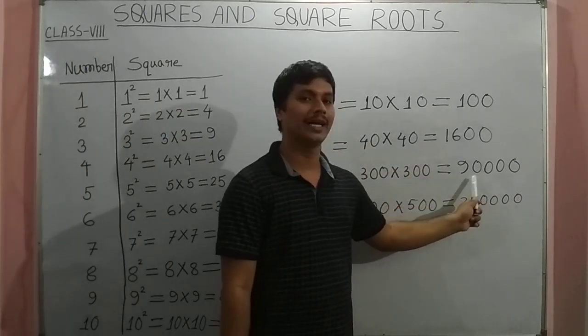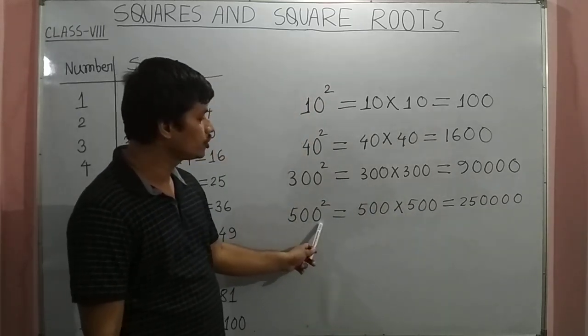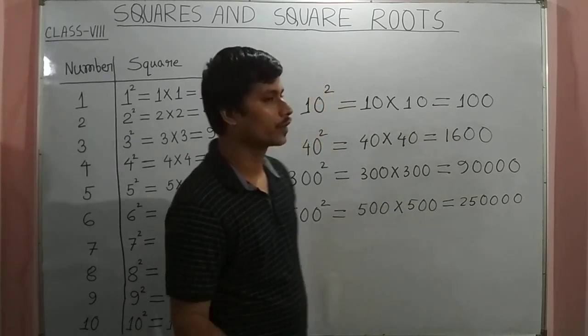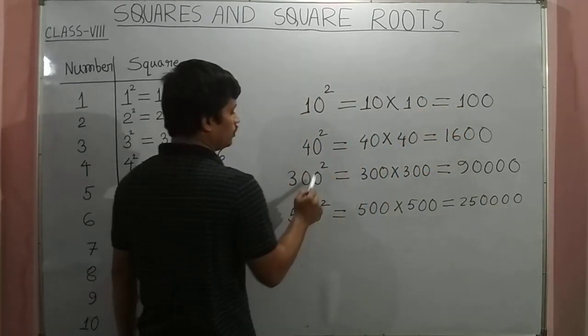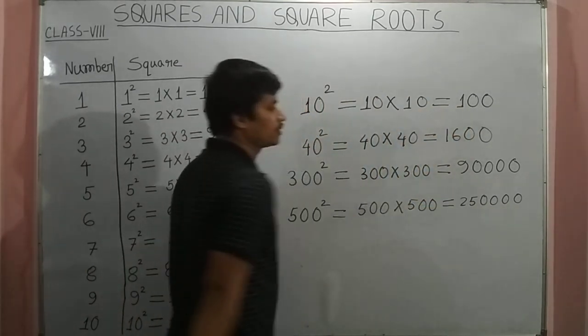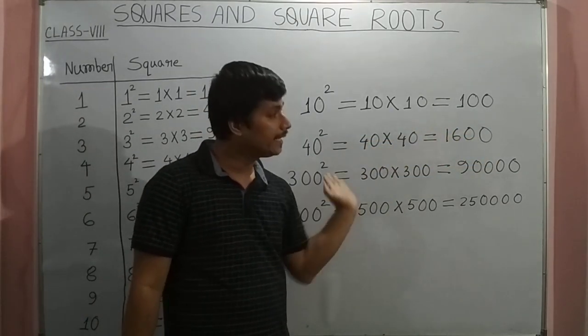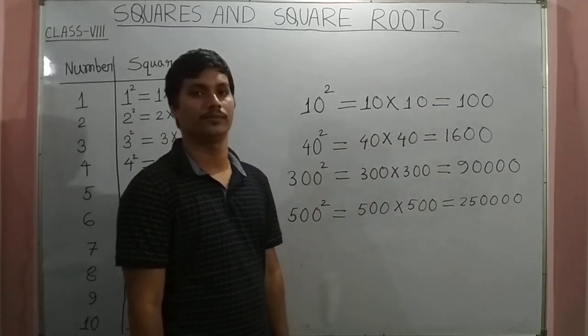In 90,000, we have 4 zeros. In 500, we have 2 zeros. In 250,000, we have 4 zeros. That means 1 zero becomes 2, 2 zeros become 4. That means zeros are doubled in the square.